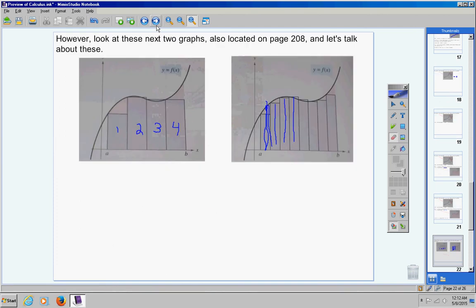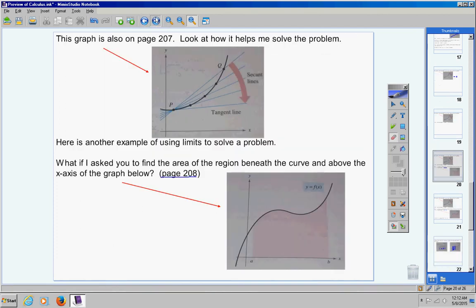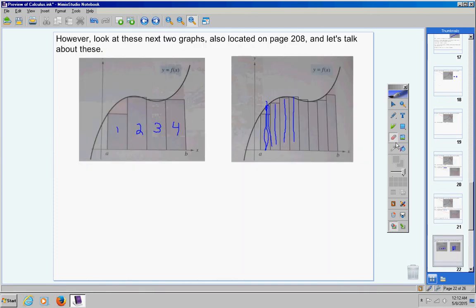Well, here, what we're changing is the rectangles. We're going from bigger rectangles to smaller, to smaller, to smaller. And the number that we're monitoring as these changes are made is the what? The area.